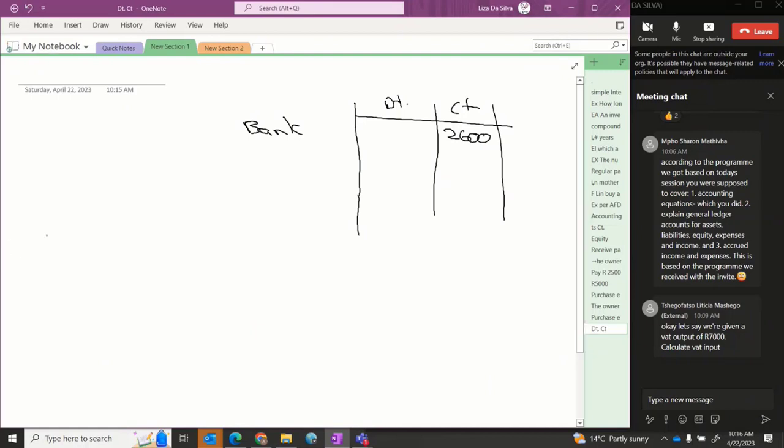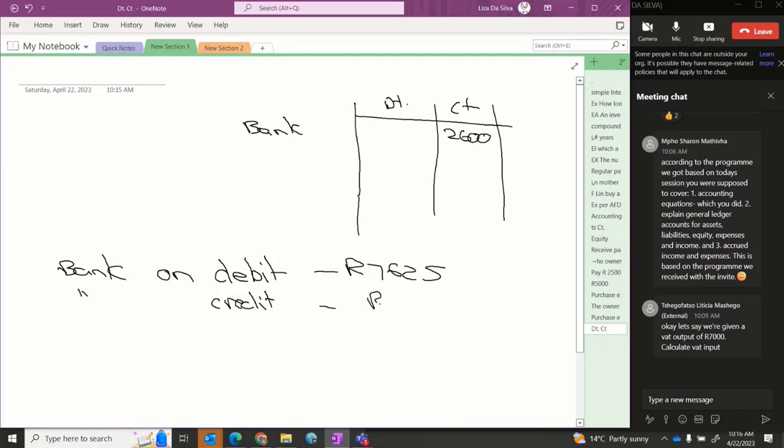that actually, if you do your bank account, the auditor went through the books and he saw that the bank on the debit side, debit account, must actually be 7,625 and the bank on the credit side should actually be 5,125, and make the adjustment accordingly.